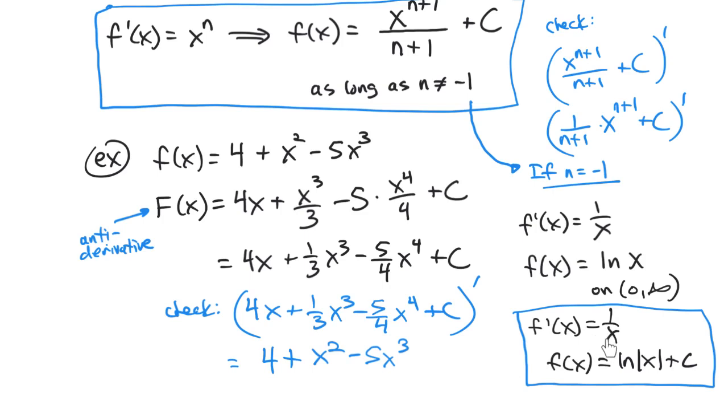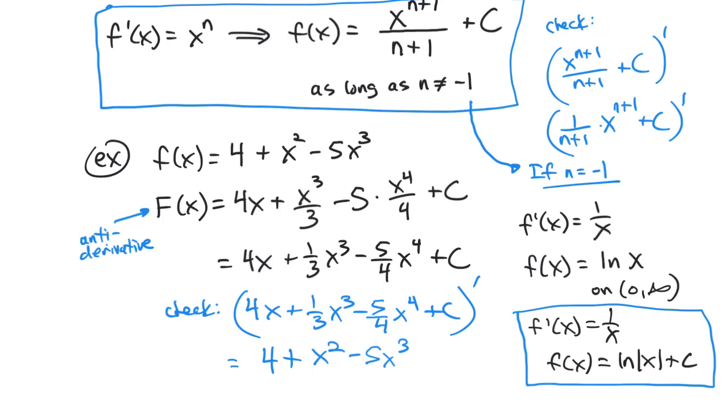You'll see that the antiderivative of 1 over x is a natural log of absolute value of x. And we need that just to take care of the domain issues right here. So you'll always see this expressed as a natural log of the absolute value of x plus c, because it only works in these cases. We have to make sure that this is going to be a positive number. So that's why you'll always see the absolute value there.